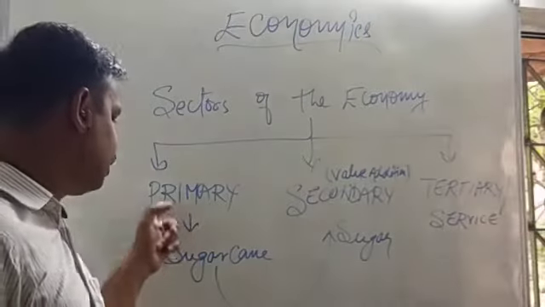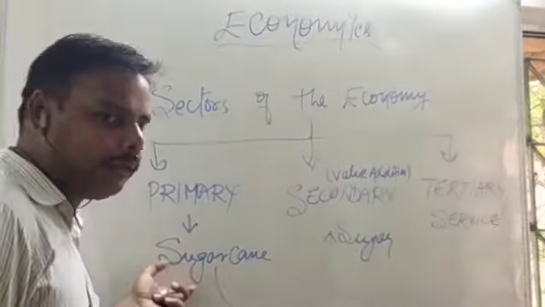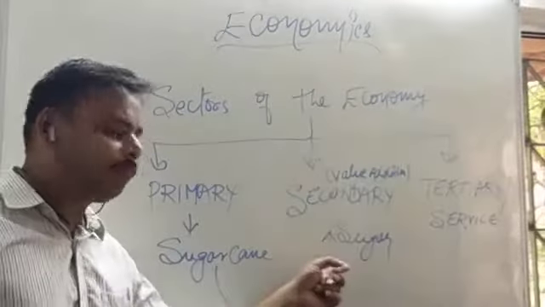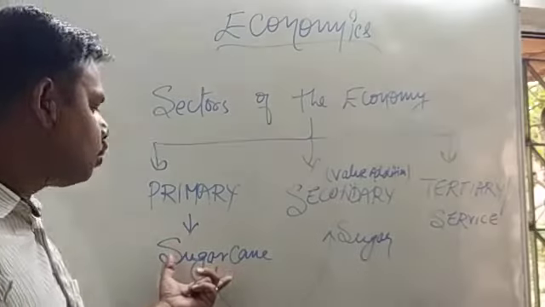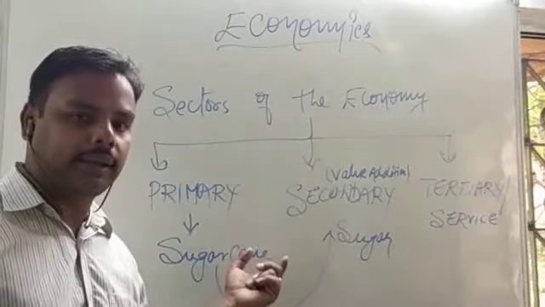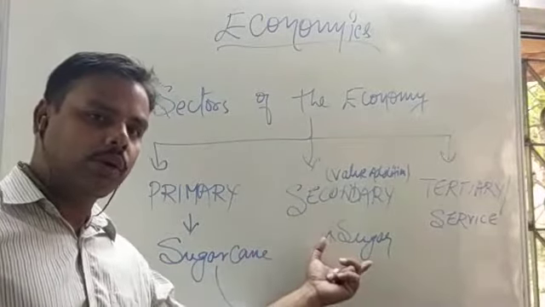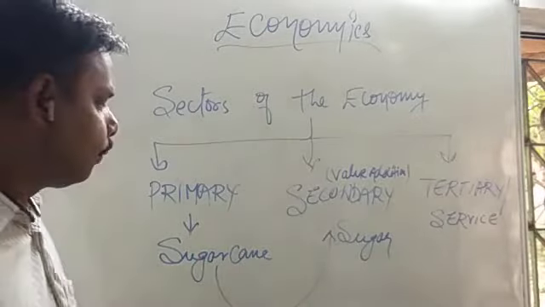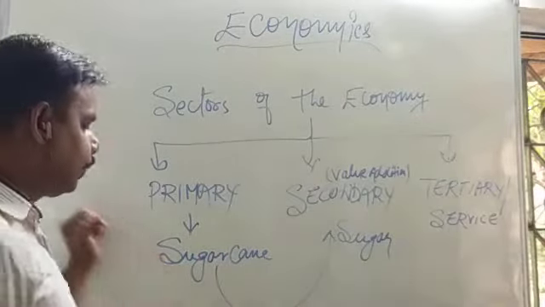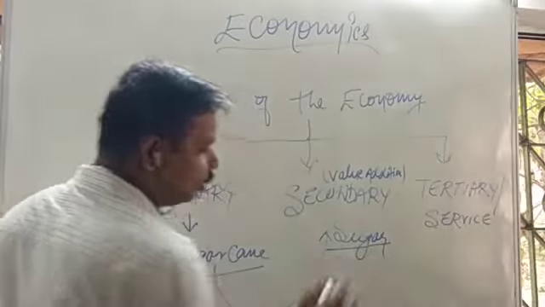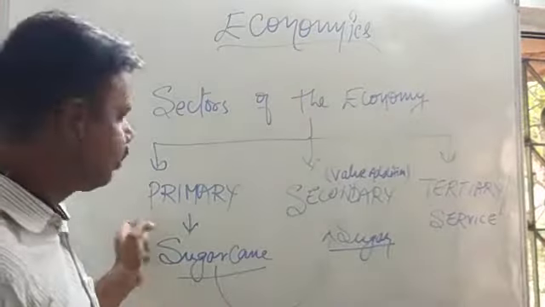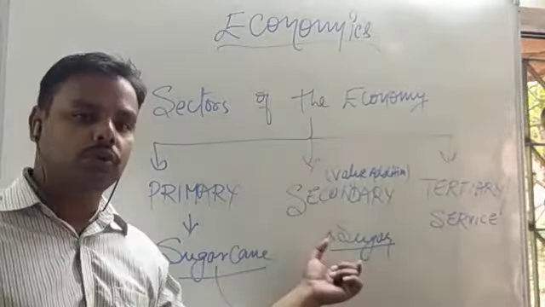So sugar cane is manufactured by primary sector and whatever is left is supplied to secondary sector. Secondary sector takes out sugar from sugar cane. So now comparison of the price. Sugar cane is less costly compared to sugar.